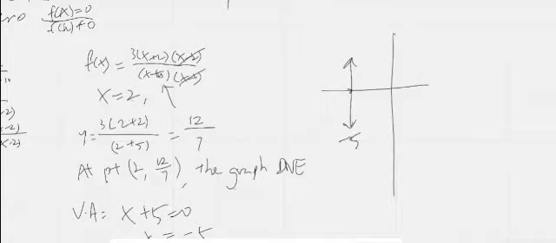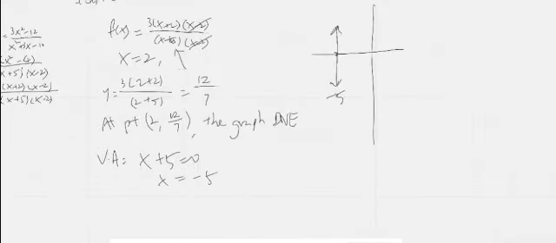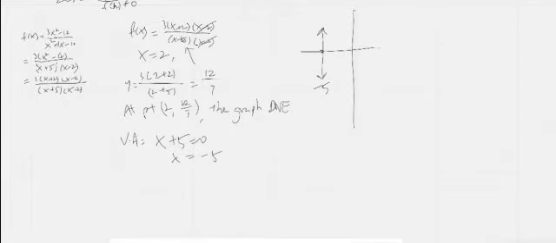And as for our horizontal asymptote, we've got several different cases. The horizontal asymptote actually depends on the powers of the overall function.